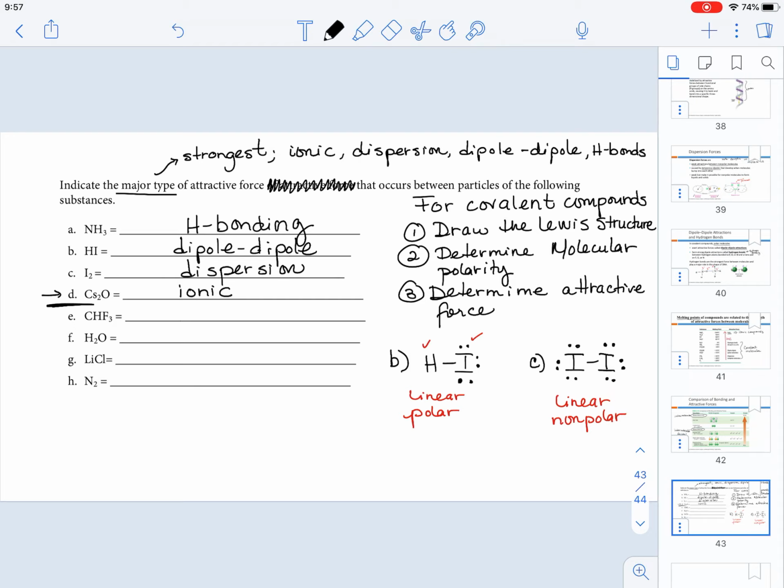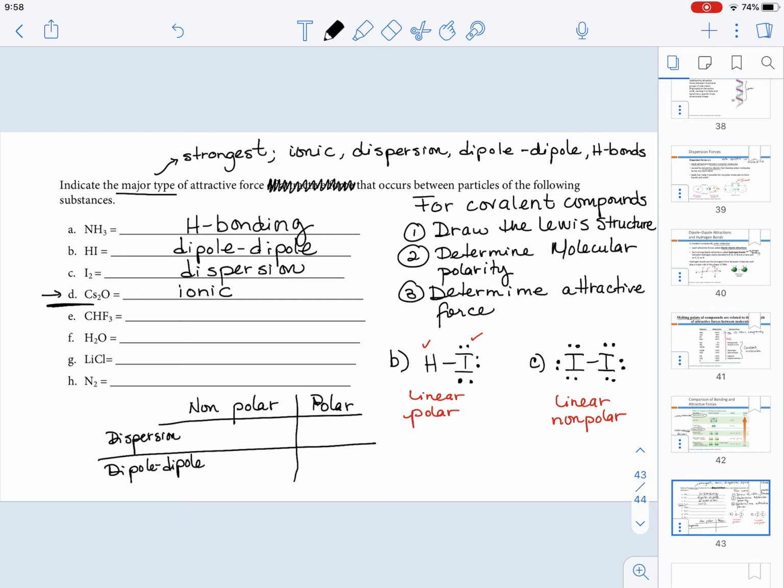So if you utilize the following table in which you put what are the forces present in non-polar versus polar, and I plot it against dispersion, dipole, and hydrogen bonds, this is how you know how to answer a question like that.